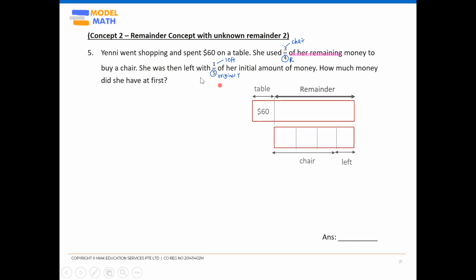Now if you read back your question, she was then left with one-fifth of her initial amount of money. What we understand from the fraction is that the 1 unit from the fraction refers to the leftover.